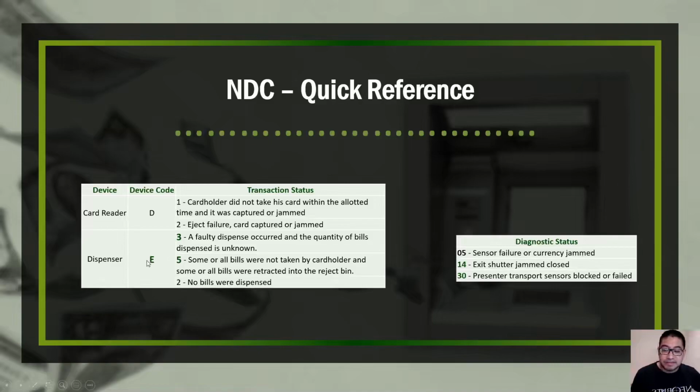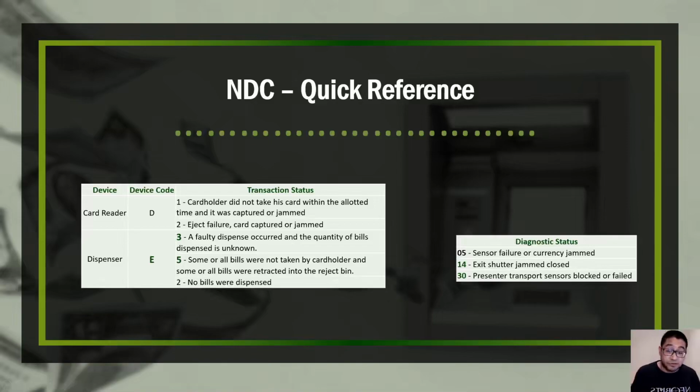If I have an error E3, this will tell me that the dispenser, that is the E, has an error with number 3 that says that a faulty dispense occurred and they don't know what happened with some quantity of the bills.